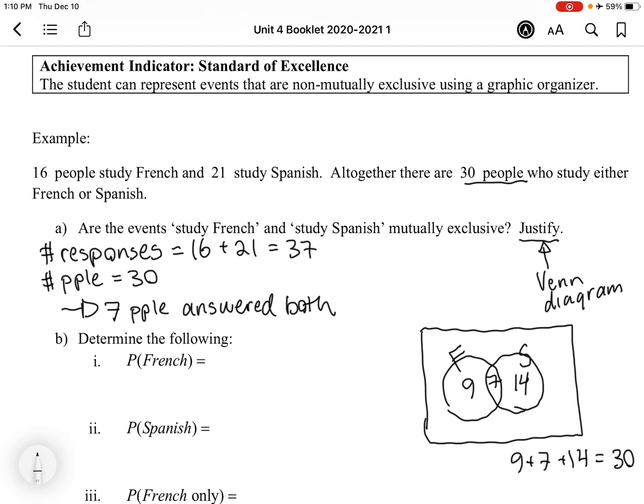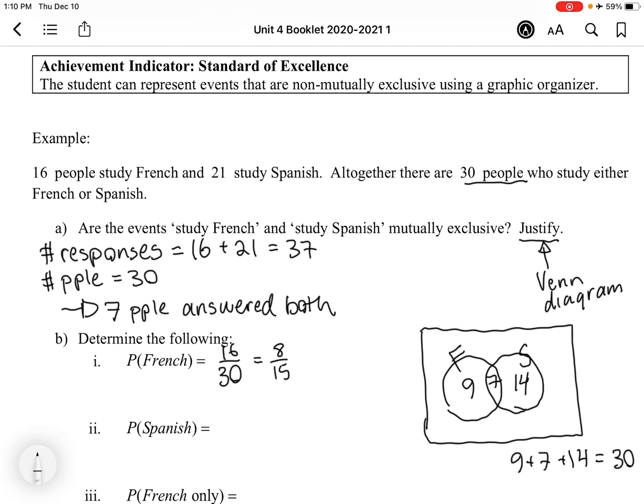All right, so what is the probability now that someone studies French? Well, there are altogether 16 people that study French out of 30 total. So the probability that someone studies French is 16 over 30. Right? And you could reduce that to 8 over 15.